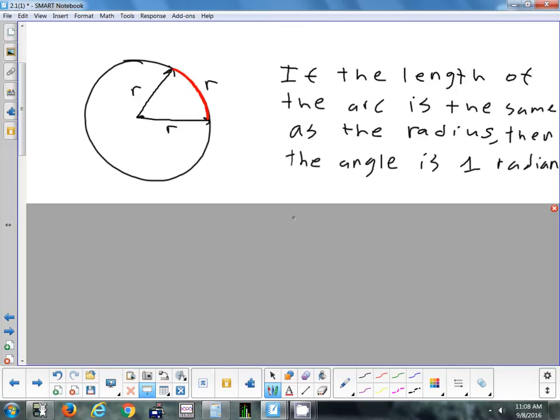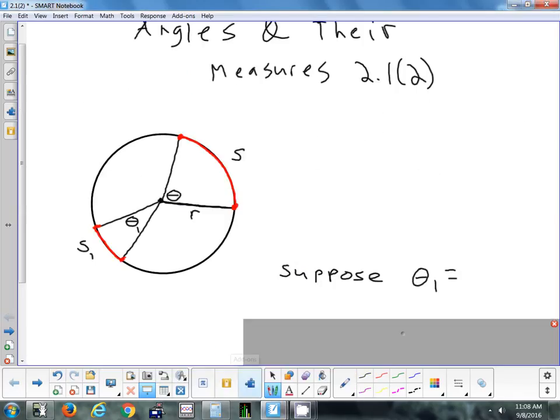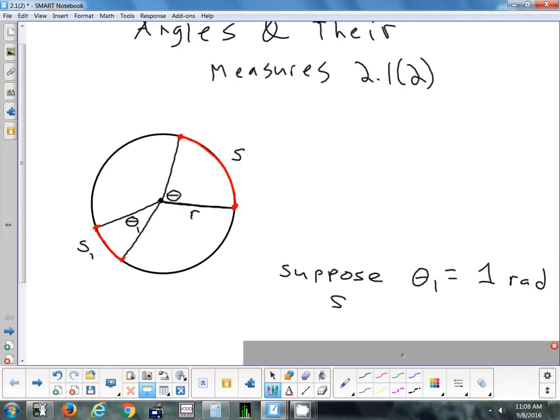This just happens to be a relationship that's always true. If you let your angle be 1 radian, it automatically makes this arc the same size as the radius. And that's our starting point. We're going to use that fact. So if theta 1 equals 1 radian, then that automatically would make S1 exactly the same size as the radius.